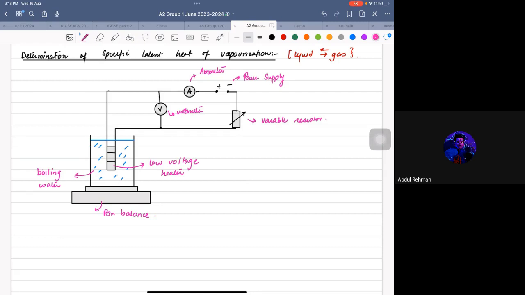All you need to understand is that when you have this sort of arrangement, obviously the heat energy is supplied by the heater. So this is the total input energy that we're looking for.